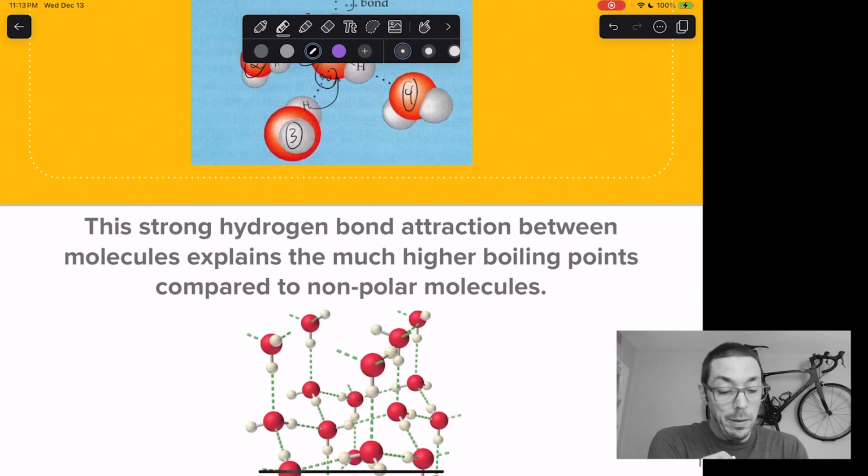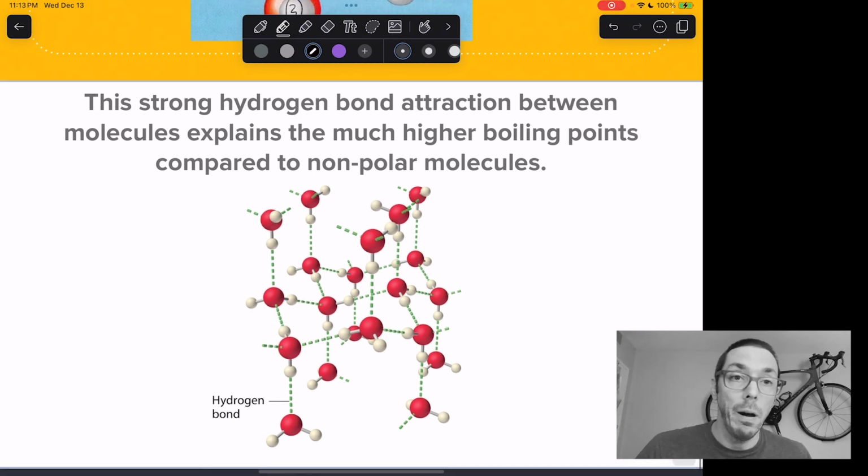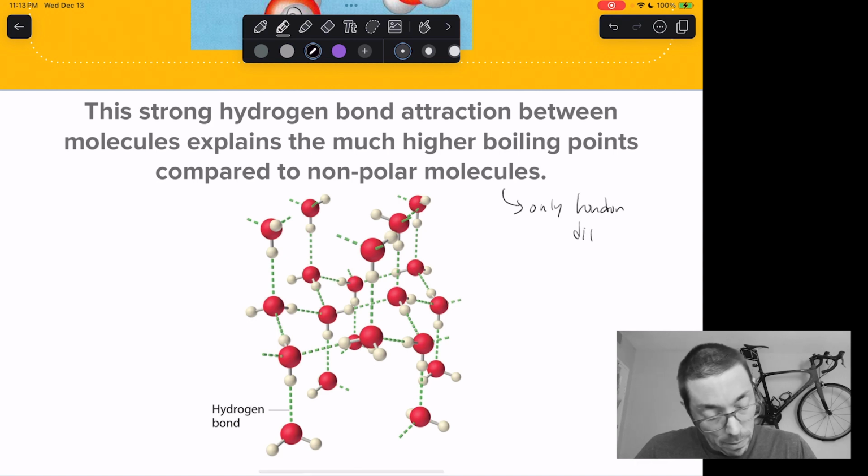So the hydrogen bond attraction is so strong between molecules, it explains the much higher boiling points compared to other non-polar molecules that have only London dispersion forces, which we know are much, much, much weaker.